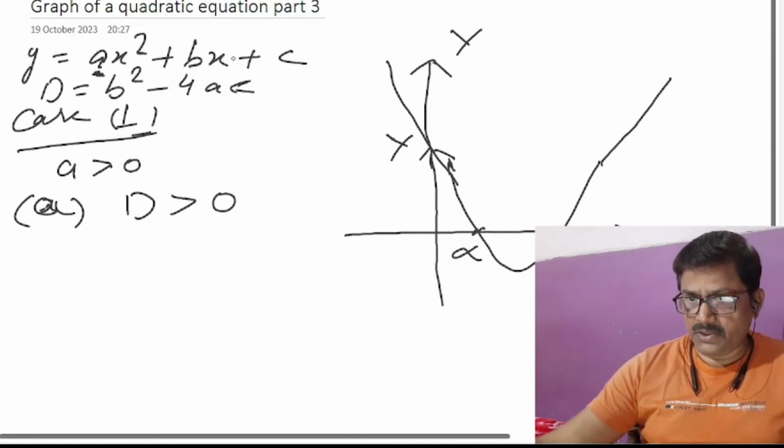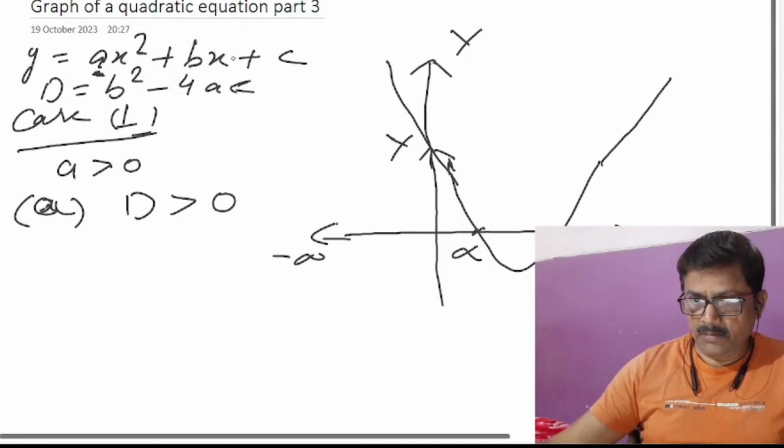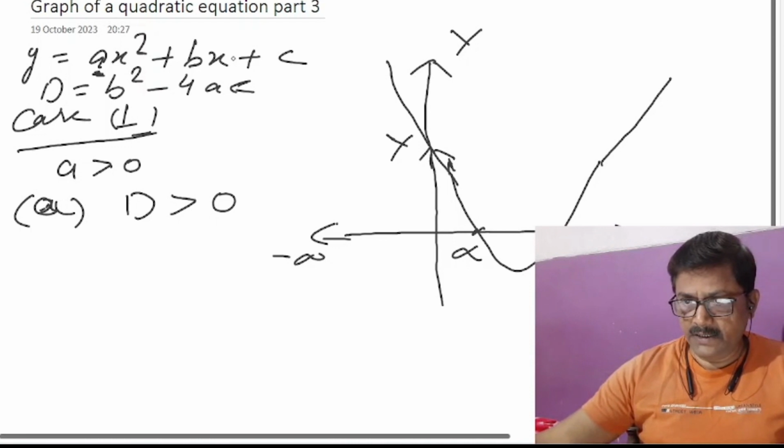So this y is positive in the interval minus infinity to alpha. Again see, here also y is positive. After beta, y is positive. So in the interval beta to infinity, y is positive.